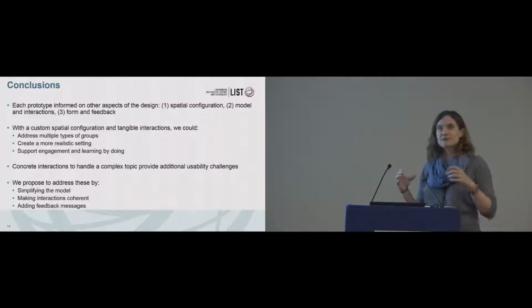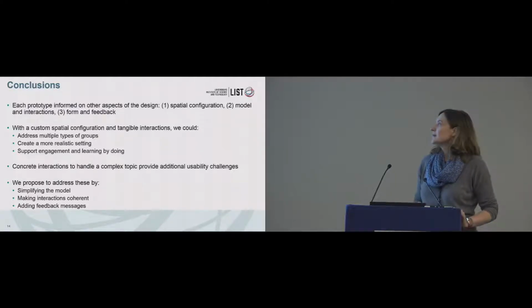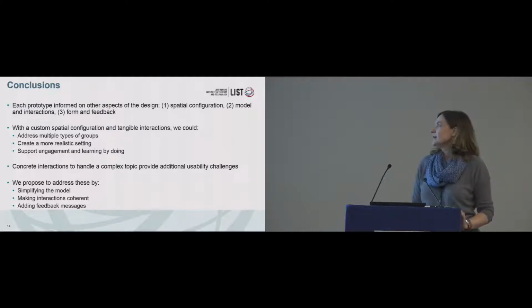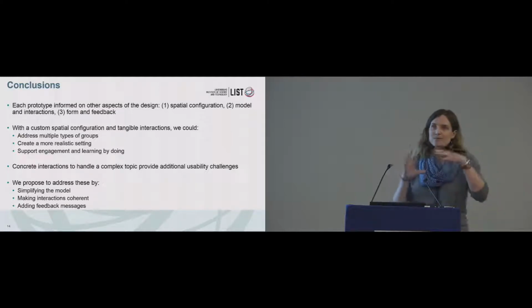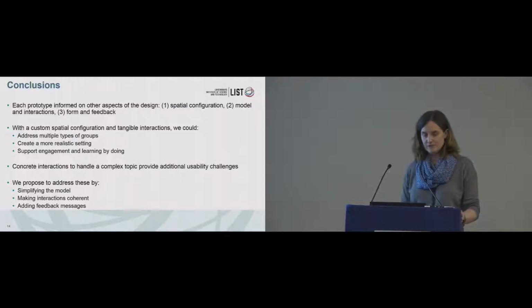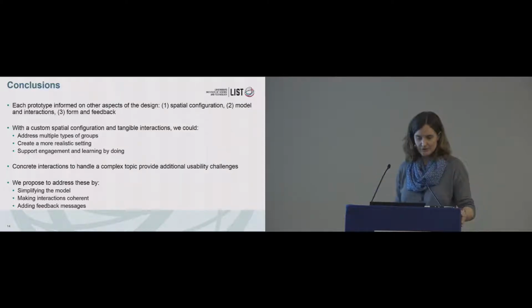The first was more about the spatial configuration and the type of groups we are targeting. The second was about the model and the interactions, to simplify it and to make coherent interactions. And the third about the form and the feedback: what shape do they show and what kind of atmosphere do they reflect.